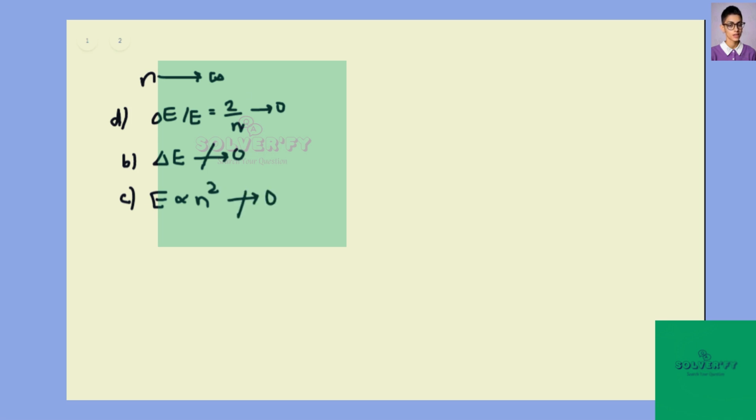Now we have the question: what do these results mean for the correspondence principle? It importantly means that as n increases, the relative difference between the energy levels keeps reducing and becomes 0. So what we actually get is a continuum.